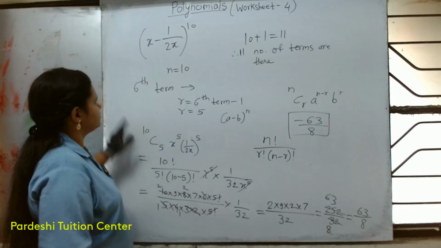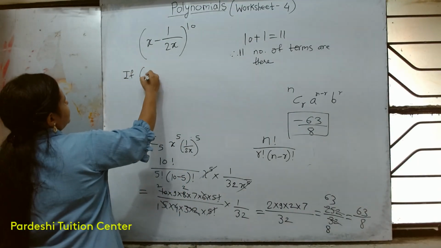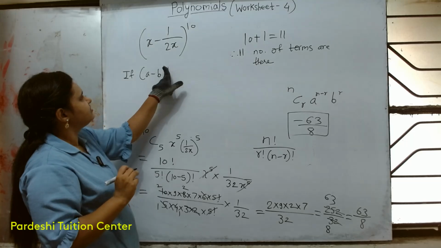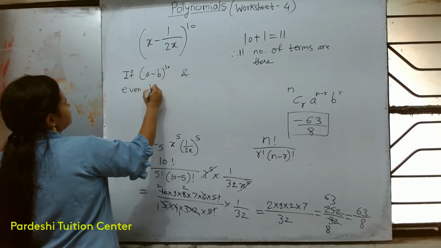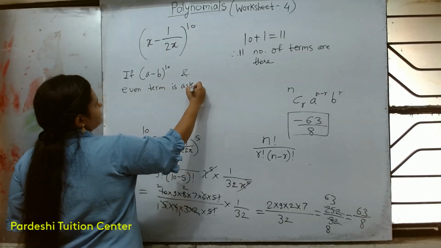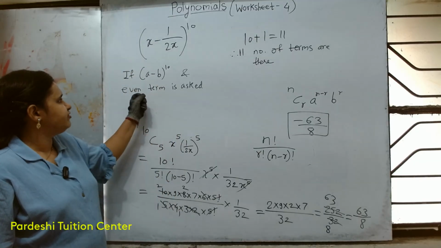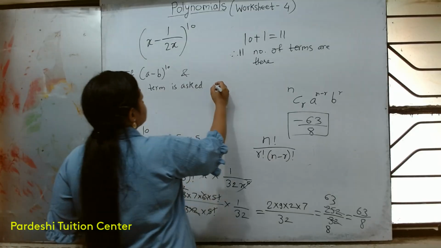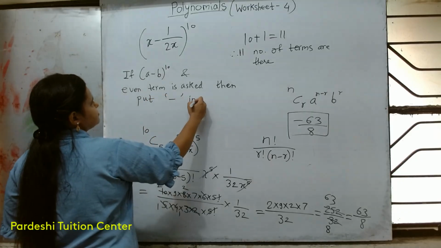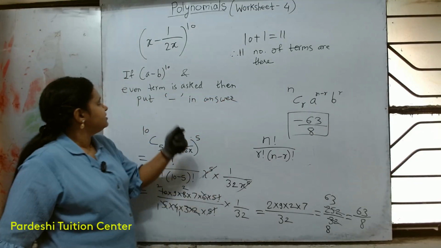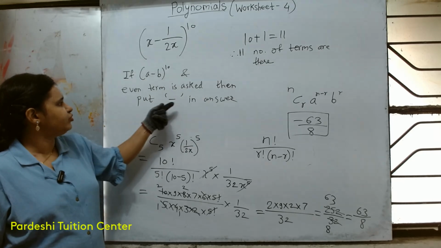If the expression is given in the form of a minus b to the power 10 and an even term is asked, with minus in between, then you have to put minus in the answer.